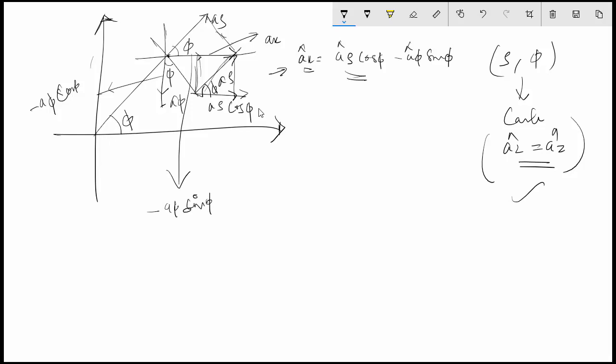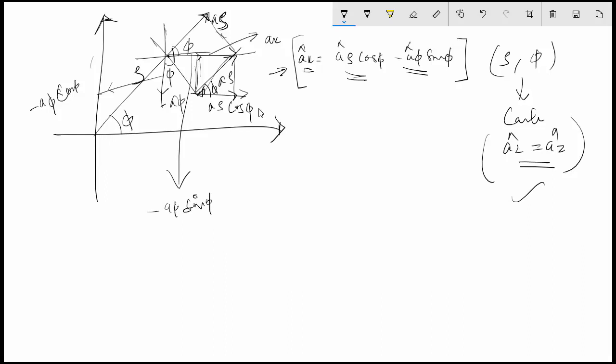So it's possible to find the value of ax graphically in terms of a rho and a phi. This is the unit vector of the radius of your cylinder, that is a rho. So this is my a rho, and at 90 degrees to that is a phi.